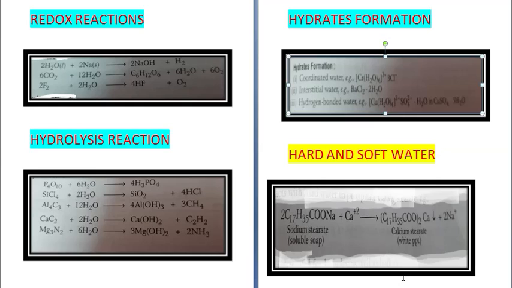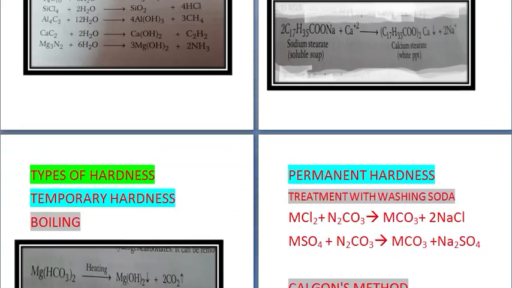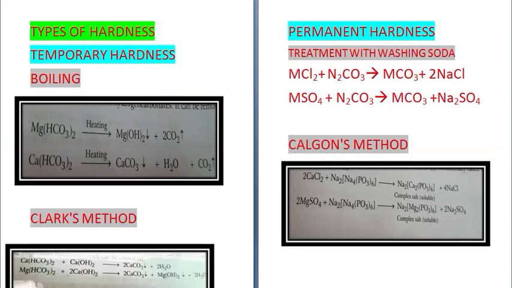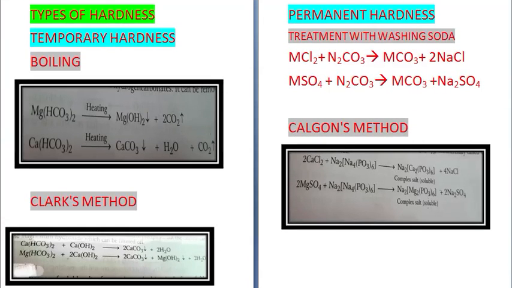as boilers. Now if you look at the type of hardness, there are two types of hardness: temporary hardness and permanent hardness. Now the temporary hardness is due to presence of magnesium and calcium hydrogen carbonates, and it can be removed by two ways.